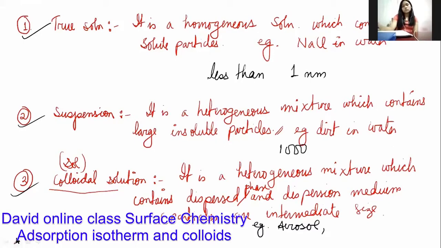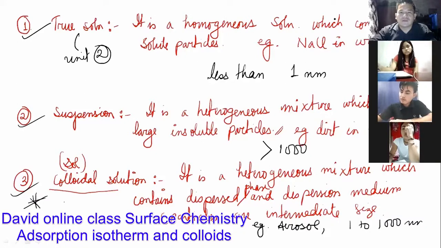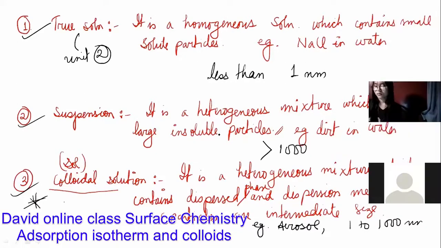In case of suspension, it should be greater than 1000 nanometer, and for colloidal solution, particle size should be between 1 and 1000 nanometer. Suspension is a mixture which contains large insoluble impurities, for example dirt in water, muddy water.